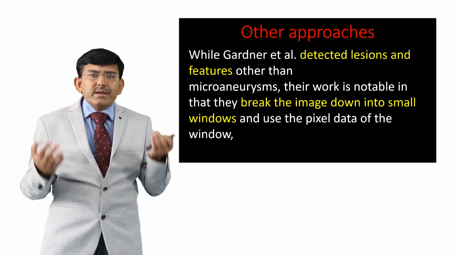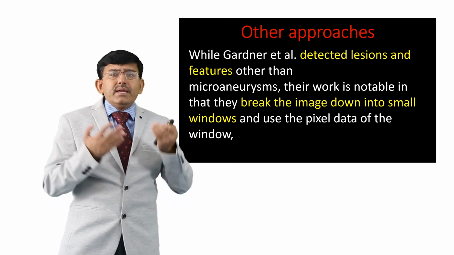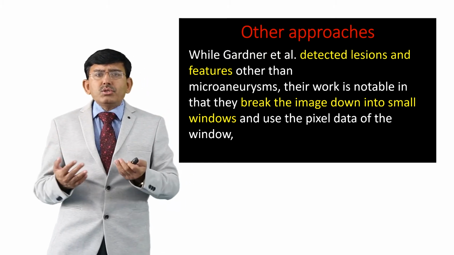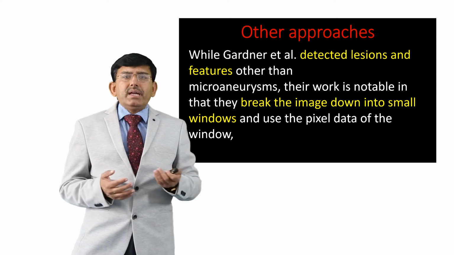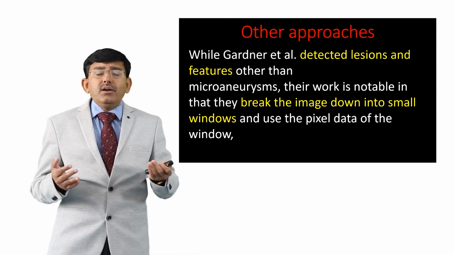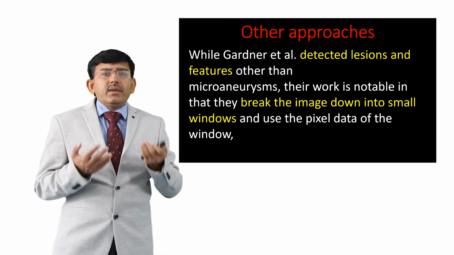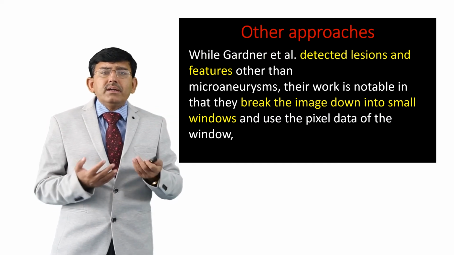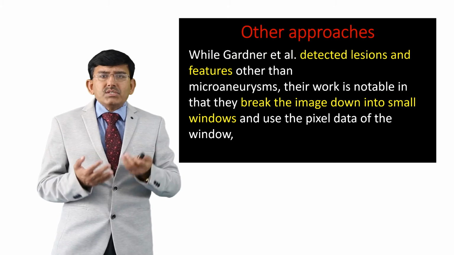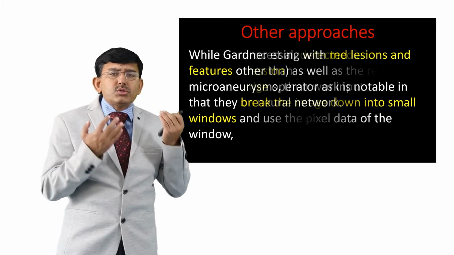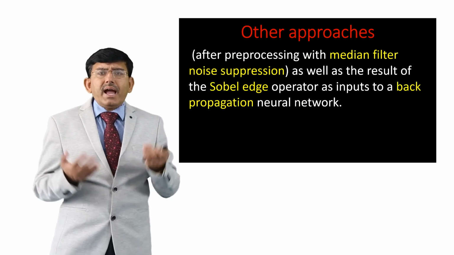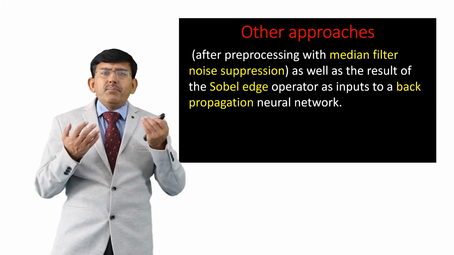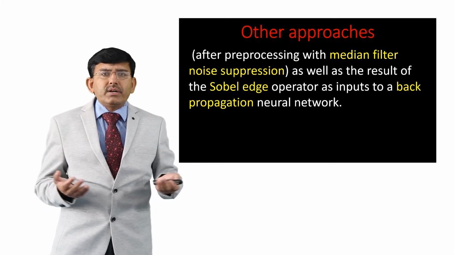Their work is notable in that they break the image down into small windows and use the pixel data for the window, after pre-processing with median filter noise suppression, as well as the result of the Sobel edge operator, as input to a back propagation neural network.